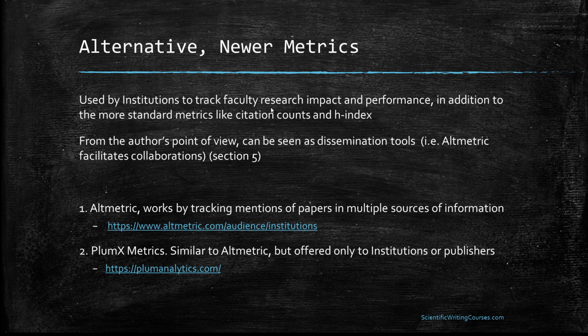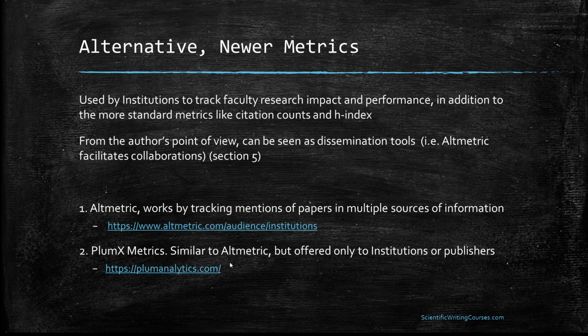Another way to track faculty research impact and performance, another metric, is to use something called Plumx metrics, and this is similar to Altmetric, but is offered only to institutions or publishers, so you cannot sign up for this metric yourself. So you want to get acquainted with these Plumx metrics. You can visit plumanalytics.com and you will see the description of how they use this. The concept is similar, but it's not the same.